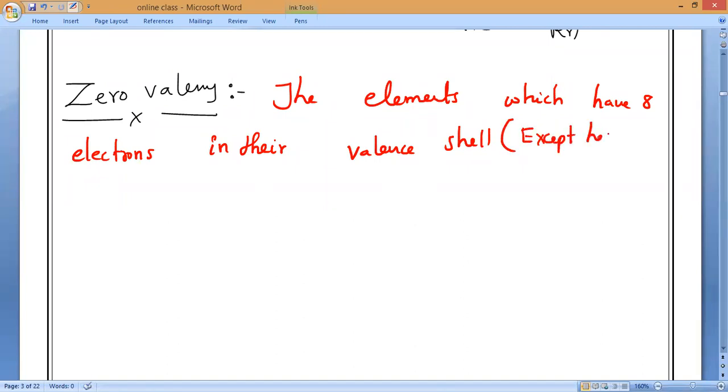Everyone except helium. Helium alone, how many? Only one shell, that cell has 2 electrons.